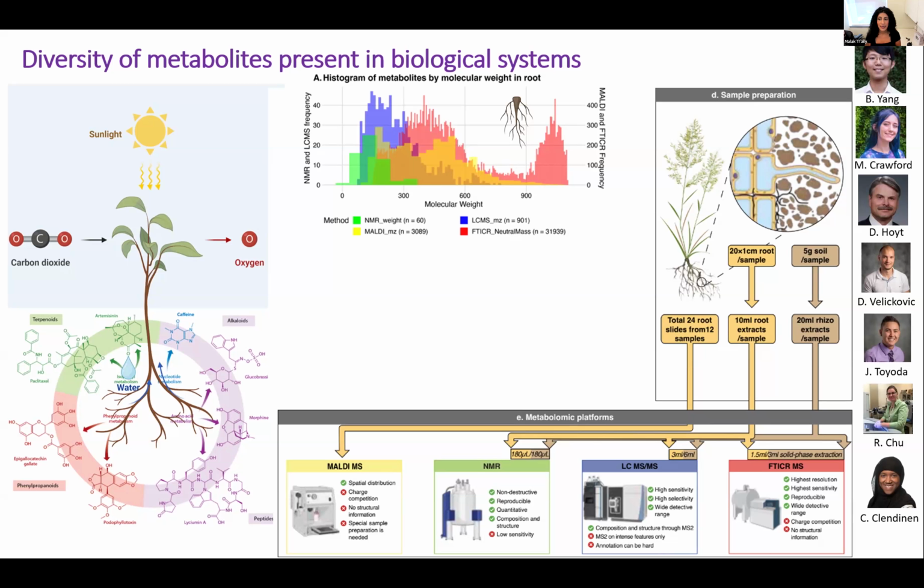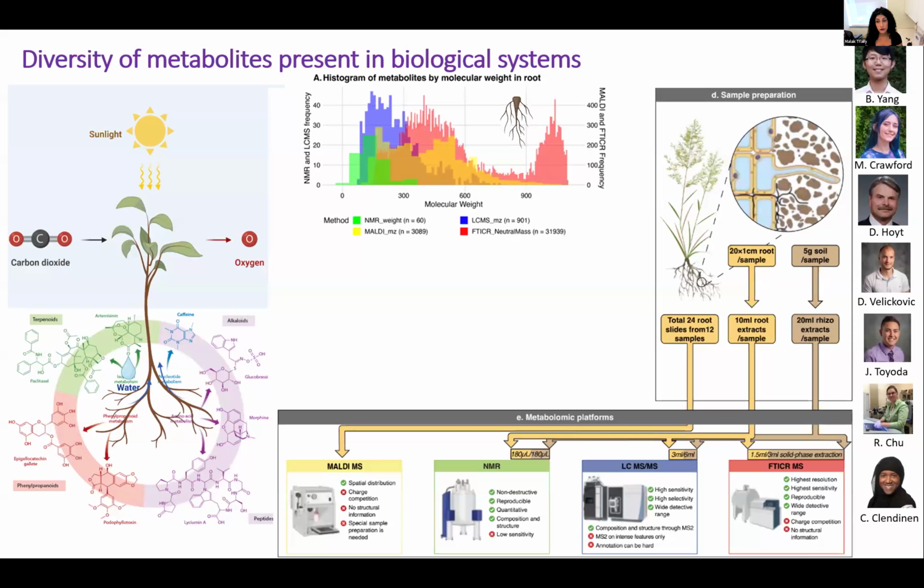However, if you look at the liquid chromatography mass spec in blue, you could extend your mass range to a higher mass range. With FTICR-MS, we could also go higher, up to 900 or 1000 Dalton. So this bar diagram shows you the importance of using different approaches because it allows us to capture a wide distribution of the metabolites in our sample.